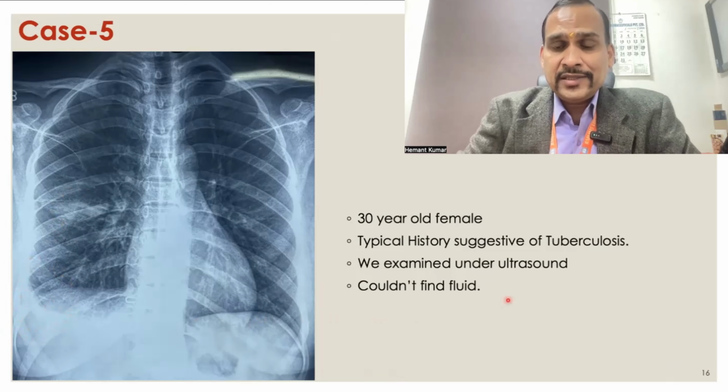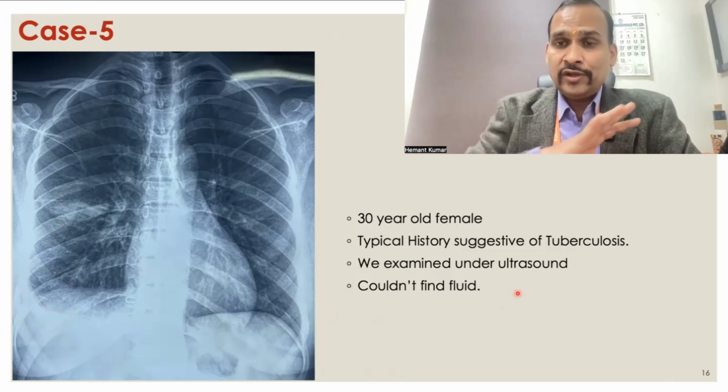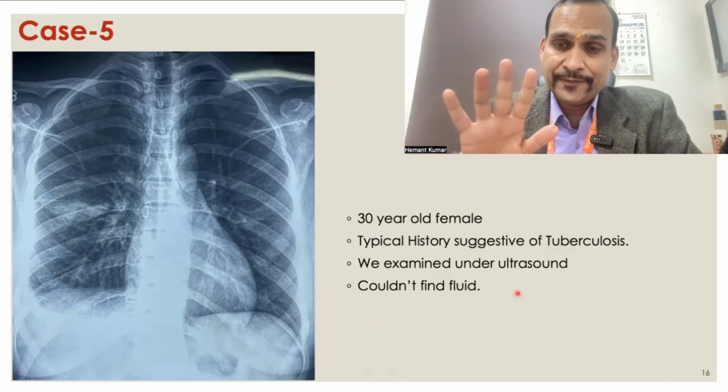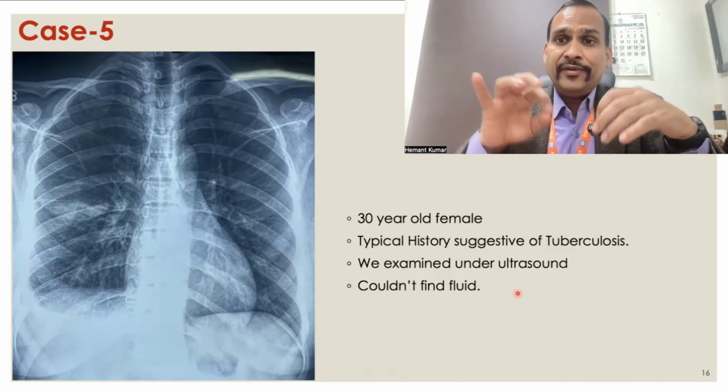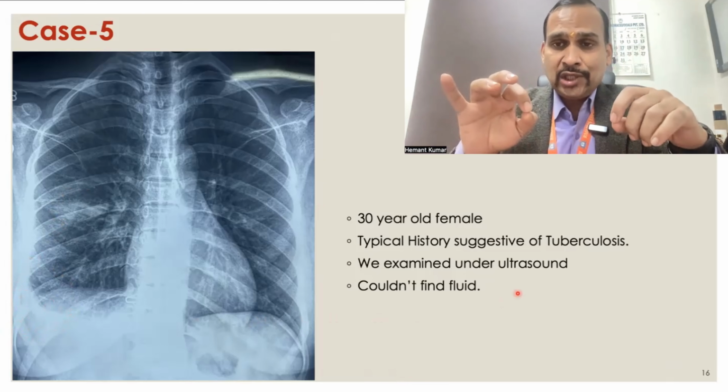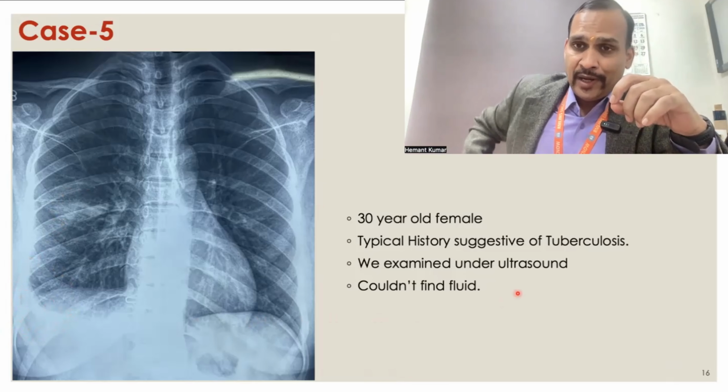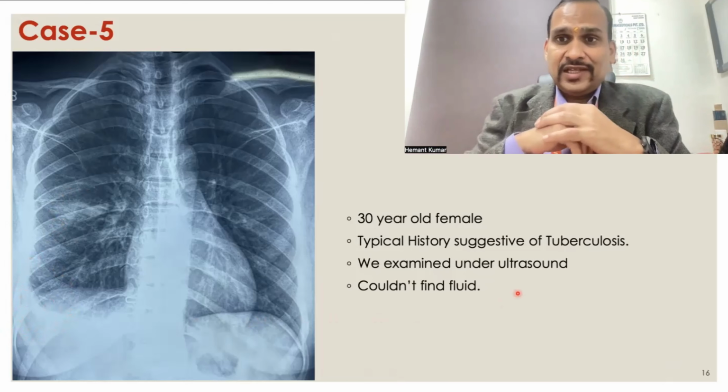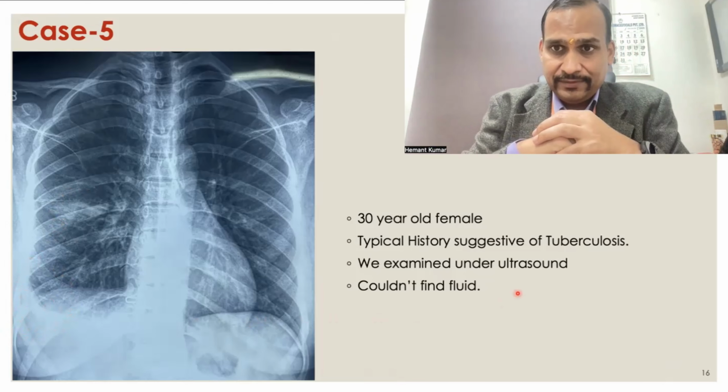But the sad part is when we examined her with ultrasound, we couldn't find any fluid. Why? Because mostly we do ultrasound in the posterior part and axillary part, especially in females.